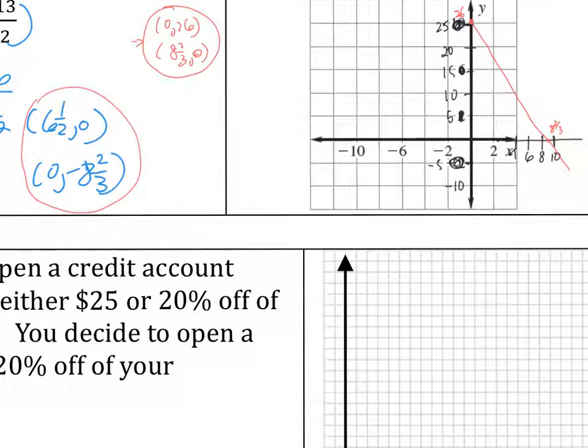And for my other point will be 6.5, 0. And -8 and 2/3. So we can estimate it to be around here.